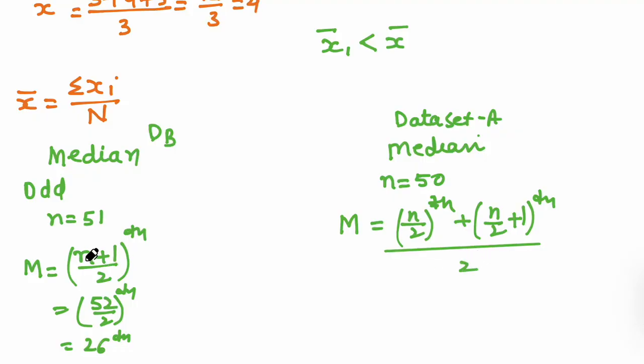Here n is over 2 and then 1 is added. So n by 2 means the 25th, and n by 2 plus 1 means the 26th observation, divided by 2.